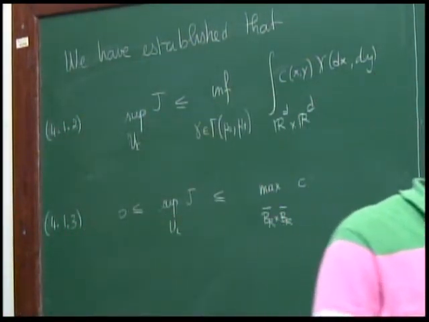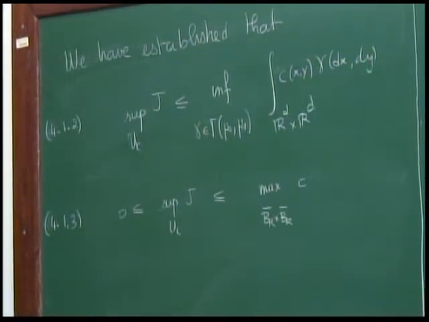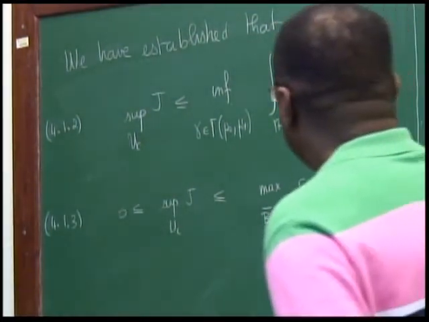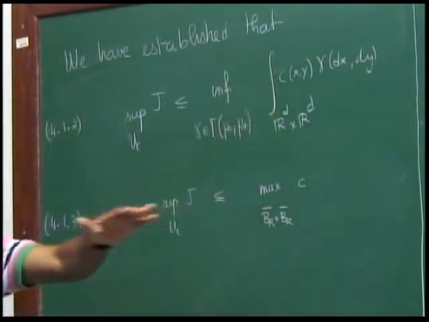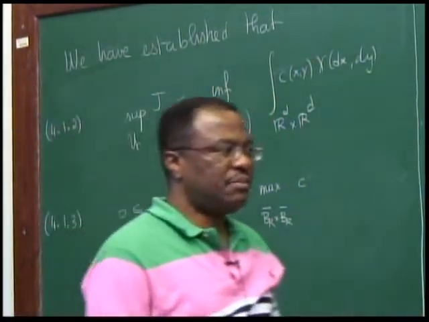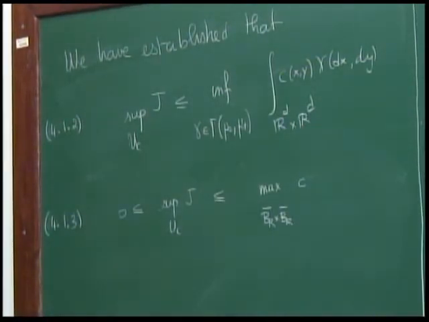Okay. And so the infimum is bounded by a number which is independent of the measures mu naught and mu 1, and it is bounded above by a number which is independent of mu naught and mu 1. And second, we have a half of the statement we are trying to reach.